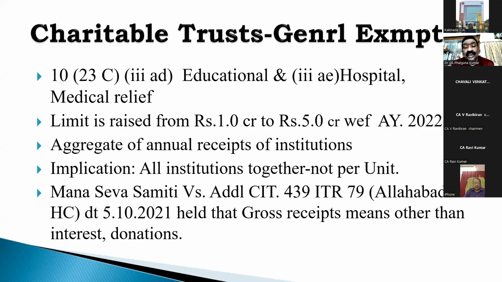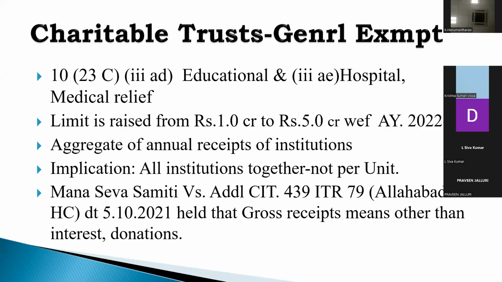Similarly for medical relief, under 10(23C) small AE, education small AE, the limit of 1 crore was raised from assessment year 22-23 from 1 crore to 5 crores. So up to 5 crores, you may have had the earlier 12AA registration. You need not have 12AB registration from 2023 because the exemption is unconditional.